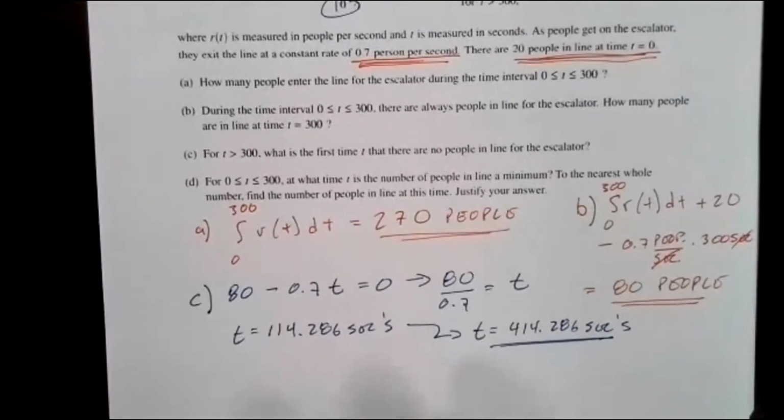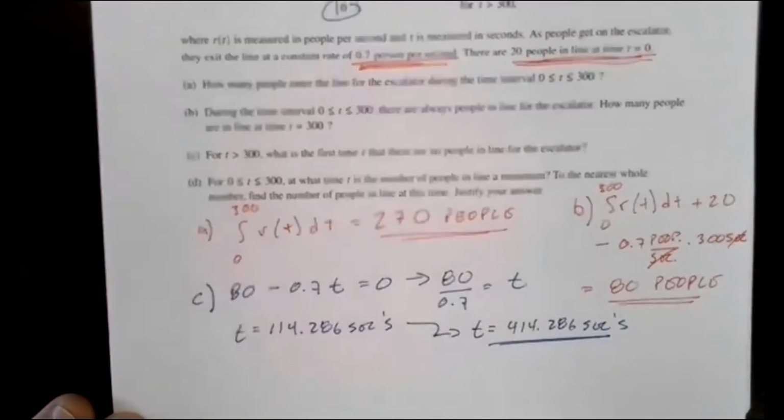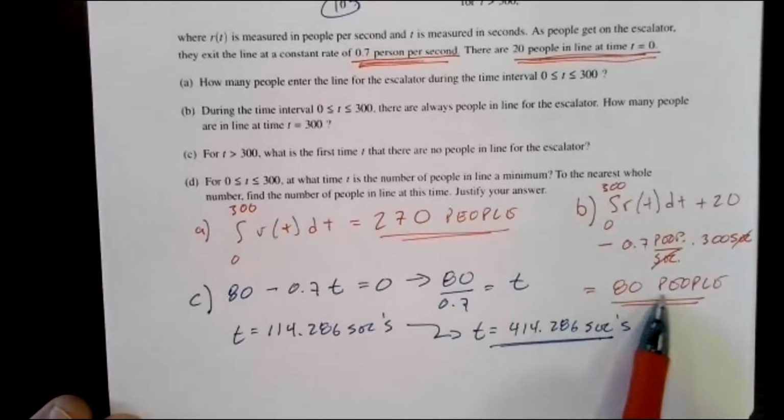And the last one, during 0 to 300, what's the time when the number of people in line is at a minimum? Minimum, maximum, I'm taking a derivative. Okay, what am I taking the derivative of though? They're asking me for not the rate, but the number of people in line at a minimum. All right, so the number of people in line is right here, I think.